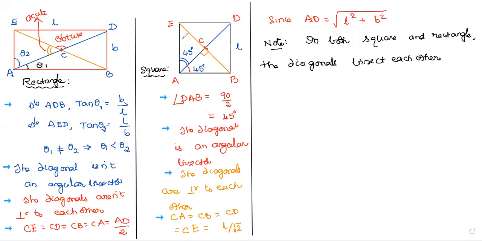But in one case they are perpendicular to each other, in the other case they are not perpendicular to each other. That is the point you have to remember. Good. These are the points related to a square and a rectangle.